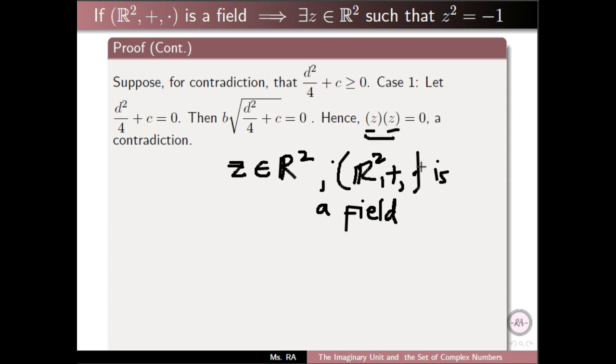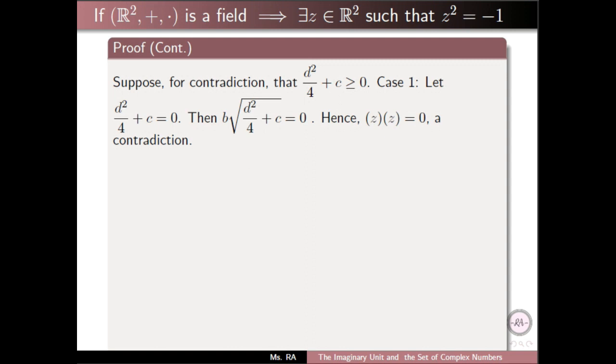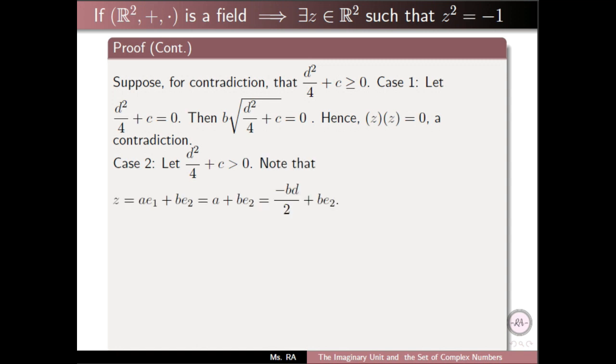Okay? That is why we have a contradiction here. Because z here is a zero divisor. z here is also a zero divisor, yet z is an element of a field, which is a contradiction. Now let's move on to the next case. If we let d squared over 4 plus c be greater than 0.